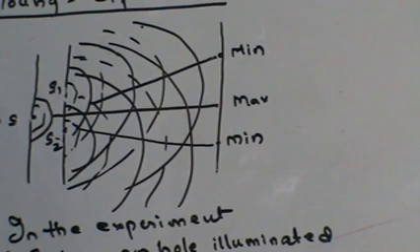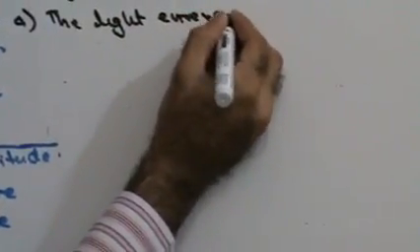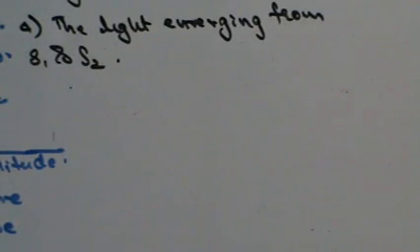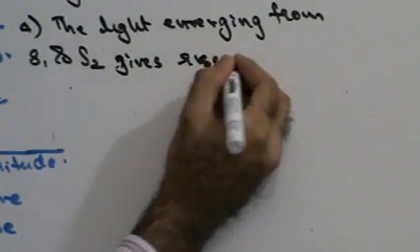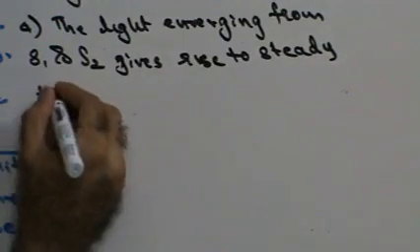I can say therefore the light emerging from S1 and S2 gives rise to a steady state interference pattern.